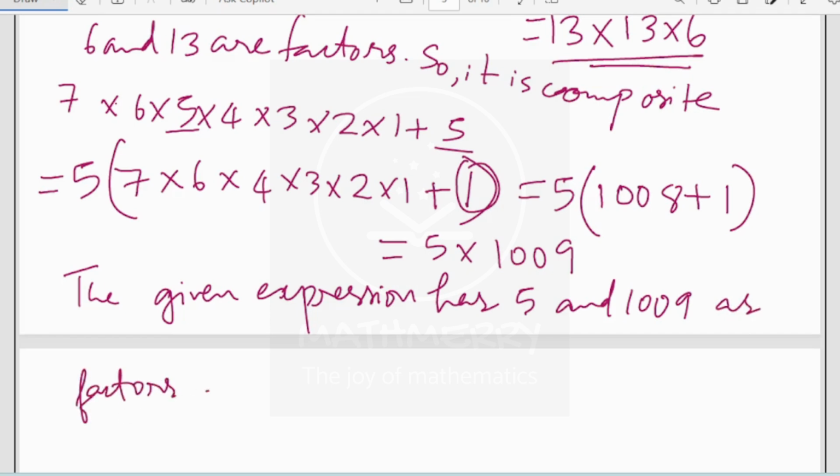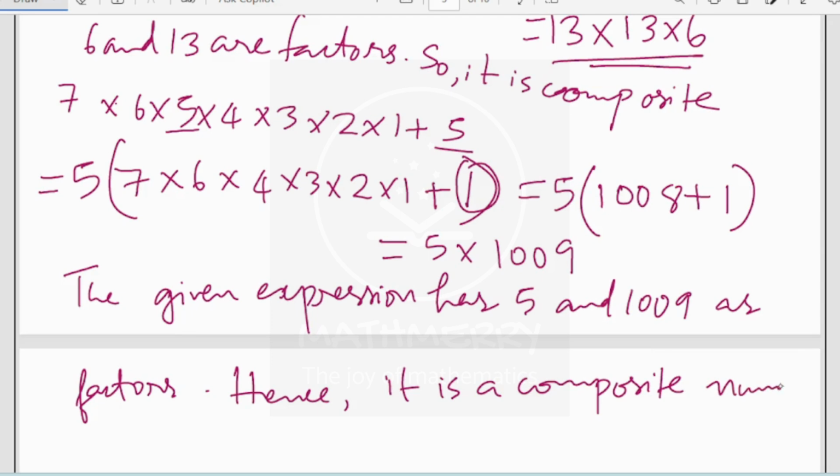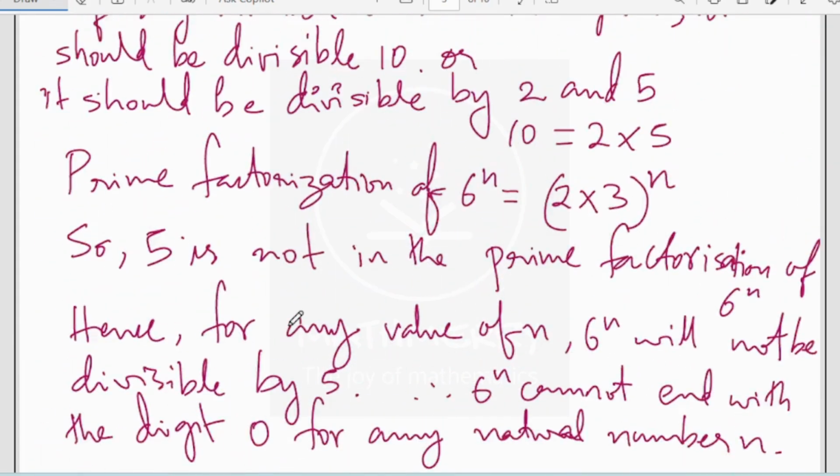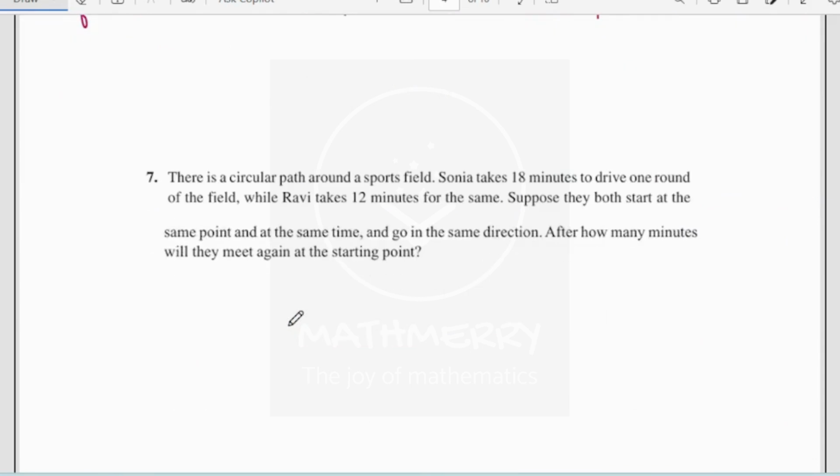So what we can say is that it is a composite number. Hence, it is a composite number. Okay, so that's about our sixth question. I hope it is clear.